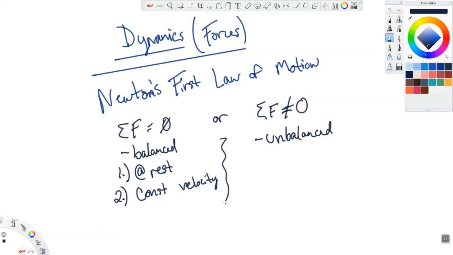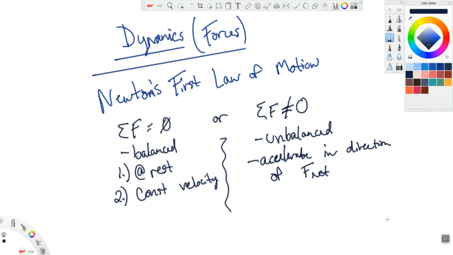And then if they're unbalanced, your object is always, and is going to accelerate in the direction of the larger force. So accelerate in direction of F net. Okay. That's pretty much it for Newton's first law of motion.